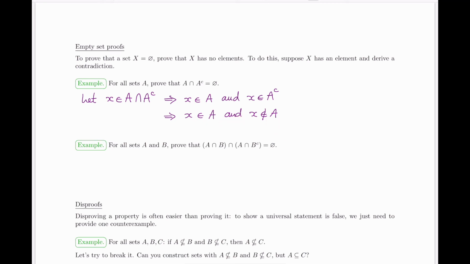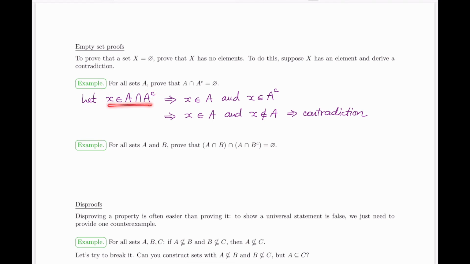Well, clearly that cannot possibly be true. X can't be both in A and not in A, which means that we have, in fact, derived a contradiction, which means that we have to go all the way back to our original assumption and recognize that it must have been wrong. We have come up with a statement that makes no sense, which means that our assumption must have been senseless to begin with.